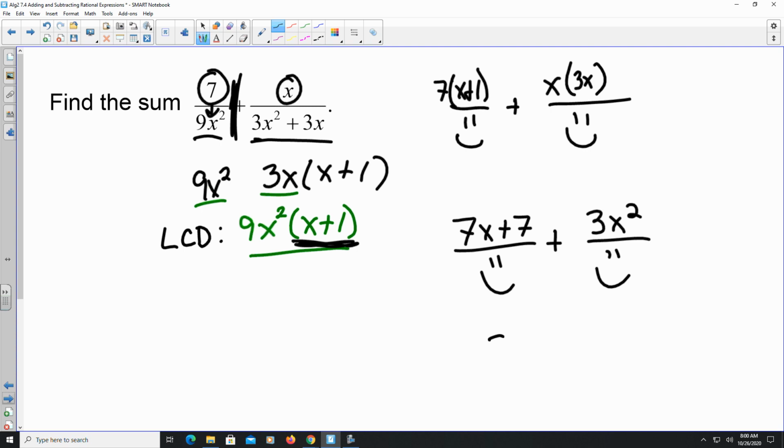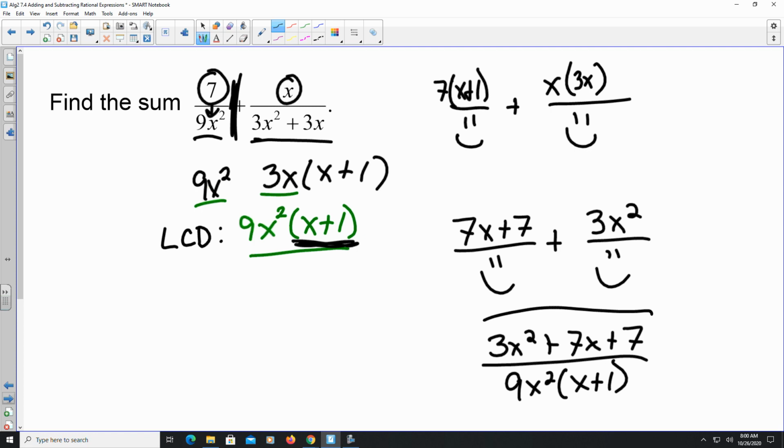So I'm just going to write 3x squared plus 7x plus 7, and it's going to be all divided by the LCD, which is 9x squared times the quantity of x plus 1. There's nothing else that I can cancel, so this is my simplified expression.